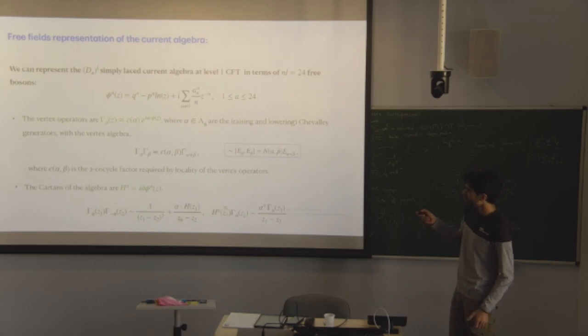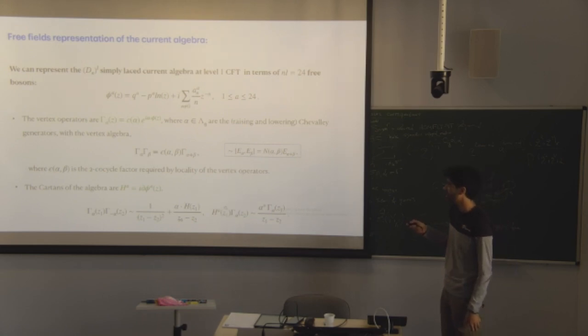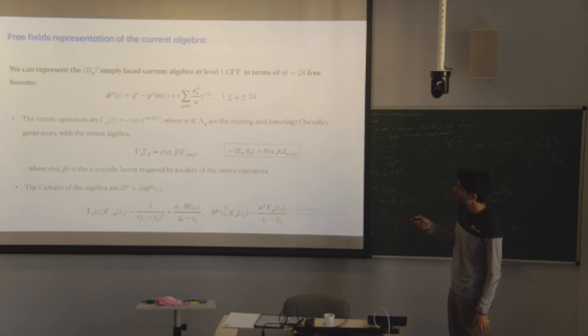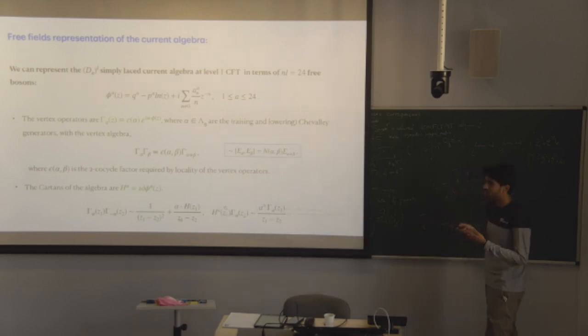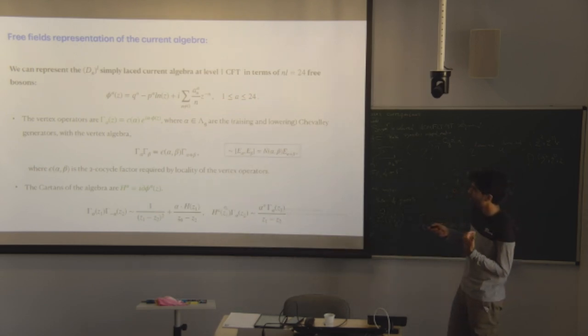So you can combine everything simply into one boson field, which is the simple boson field in string theory, for example, from the worldsheet. What you do is define these oscillators a, and you have the momentum state which labels your root vector, but then you also need to define a position operator. But a position and a momentum operator cannot simultaneously be written, so you need to exponentiate, and then you write the vertex operator like this, which is e to the power i alpha dot phi of z.